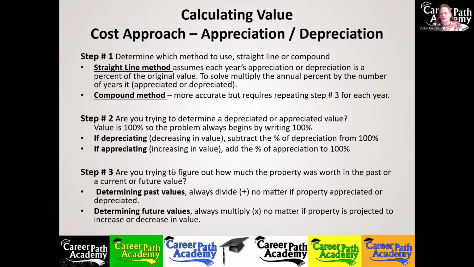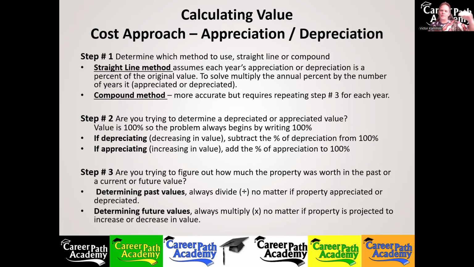Now, if you're trying to determine a value in the past, you divide. And if you're determining a current or future value of a property, you multiply. I know you're getting lost. Multiply what? Divide what? Well, these are just the basic rules. To calculate depreciation, you subtract from 100%. To calculate appreciation, you add to 100%.